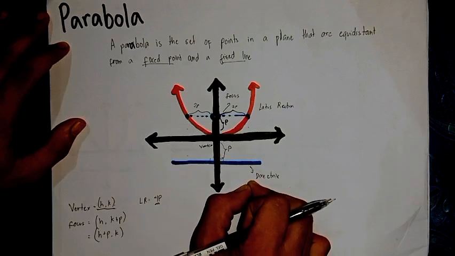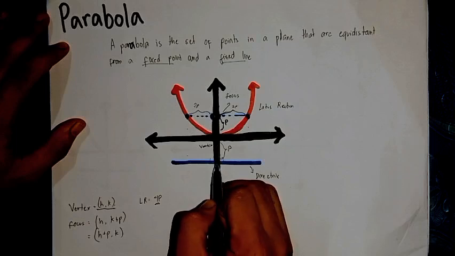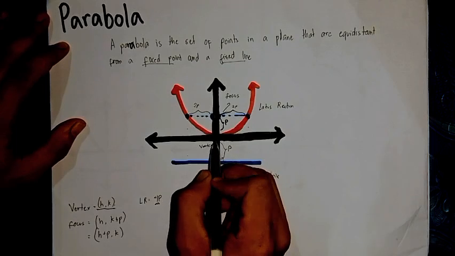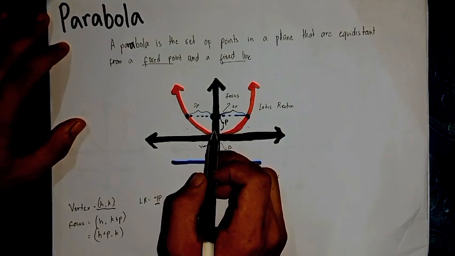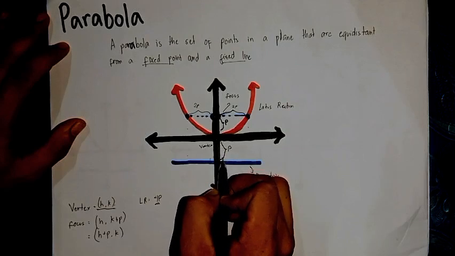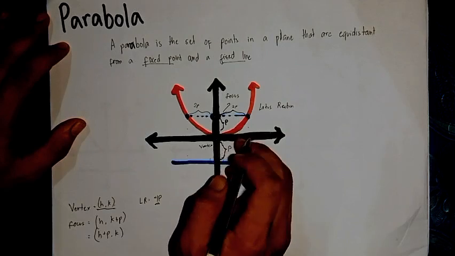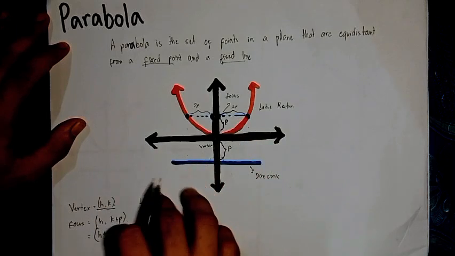And take note that the distance from vertex to directrix is equivalent to the distance from vertex to focus. They have the same distance, denoted as p, since they are equivalent.